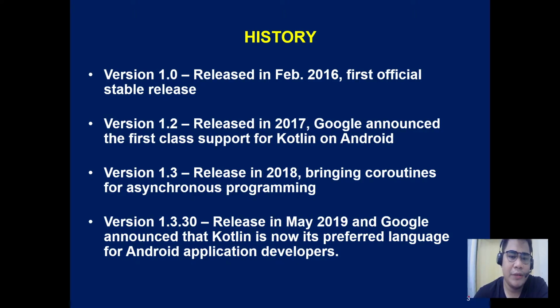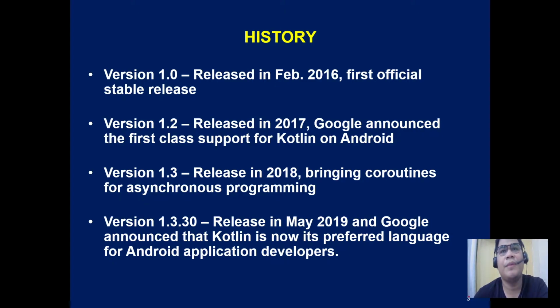So the first version was in February 2016, which is version 1.1. And the following year, 2017, version 1.2 was released. It was announced by Google.